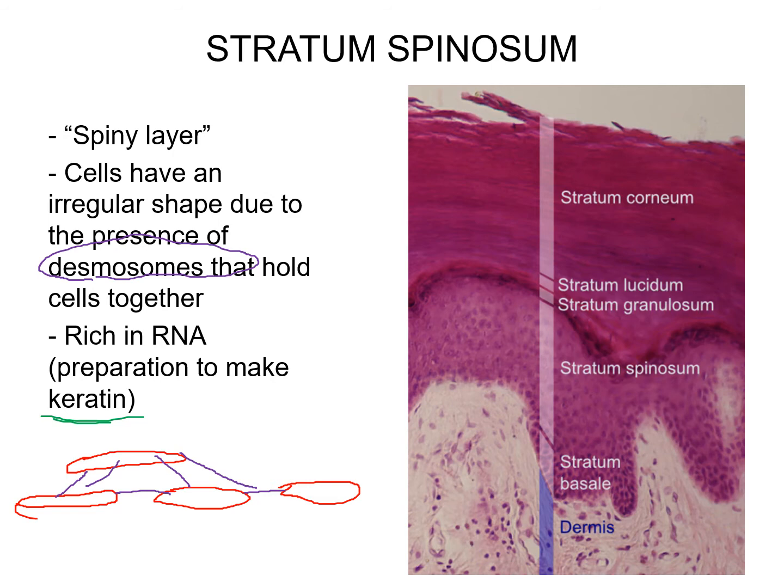And remember the very important role of RNA in our cell chapter. RNA is what's going to help us translate that message from a bunch of A, C, G's and U's to the actual amino acids, right? And a bunch of amino acids will make our protein. And keratin is a protein.